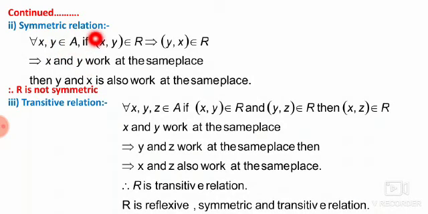Symmetric relation. To define the symmetricity, we need two human beings. For all x, y belongs to given set A, if the order pair x, y belongs to R, implies y, x belongs to R. That is, x and y work at the same place, then y and x also work at the same place. Therefore, R is symmetric relation.